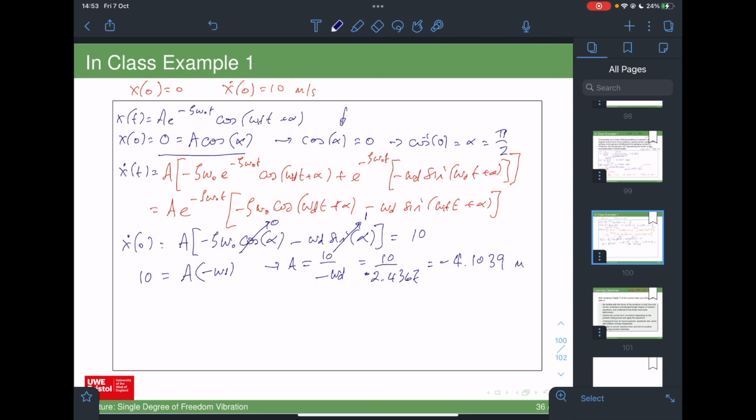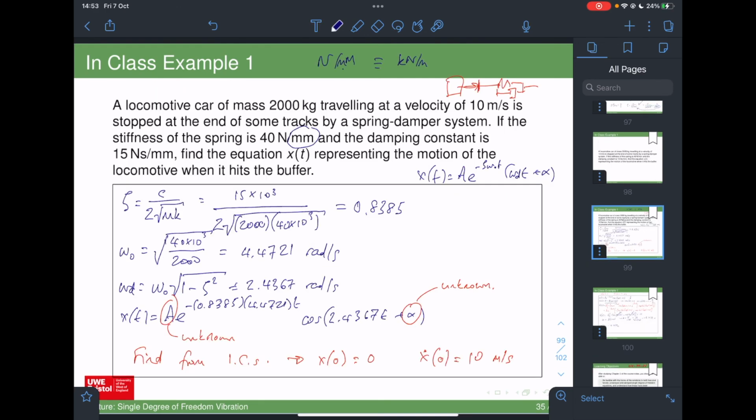Okay. And so my oscillation, x of t, minus 4.1039 e. What have we got? We've got the damping ratio. That's the frequency.